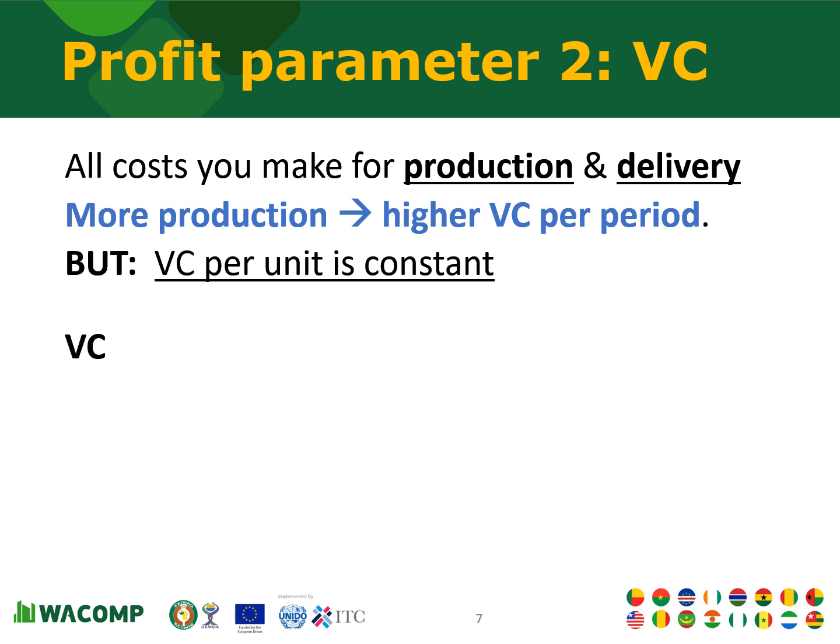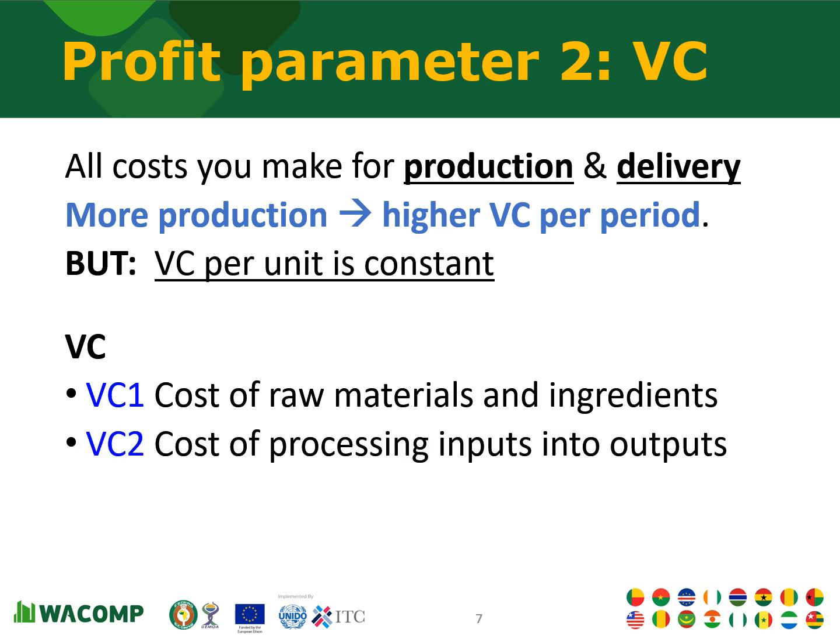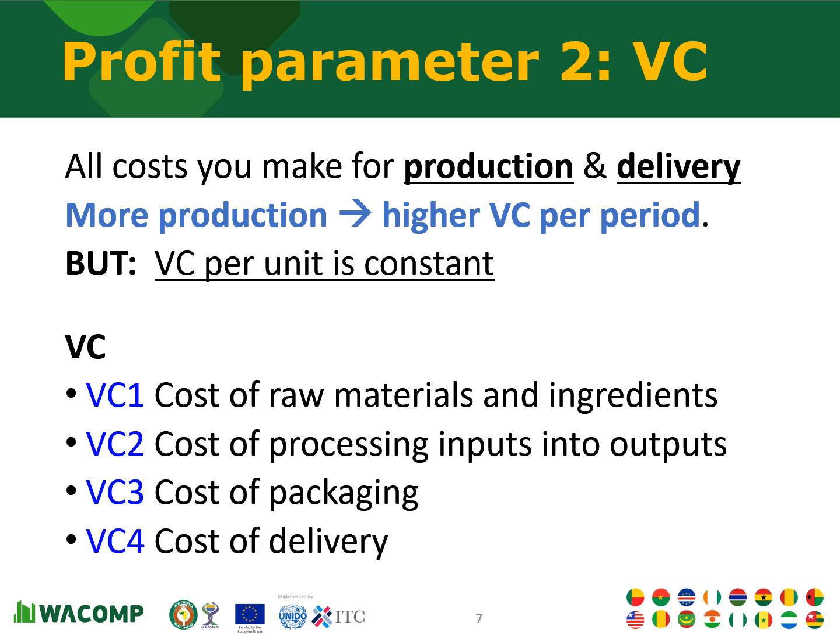VC has four components. VC1 is the cost of raw materials and ingredients. VC2 is the cost of processing inputs into outputs. VC3 is the cost of the packaging materials. And VC4 is the cost of delivery, the finished good to the client.